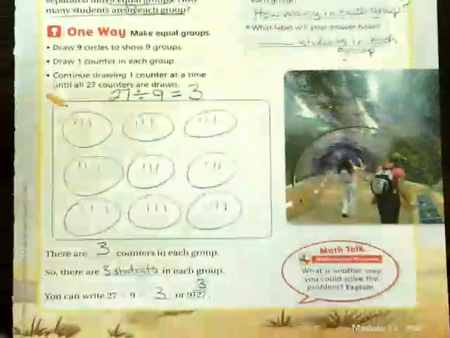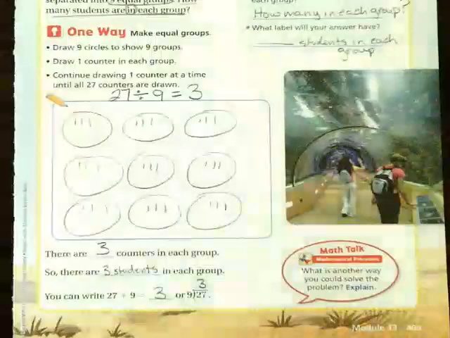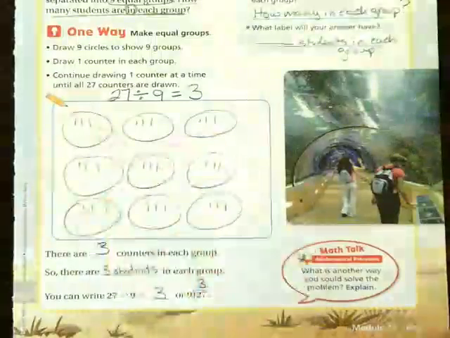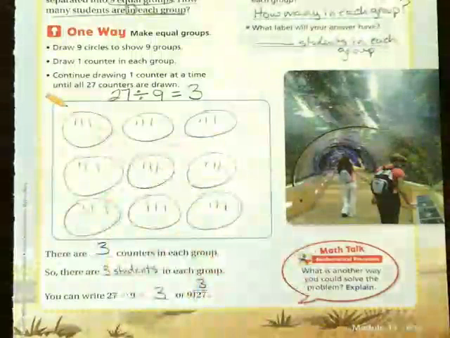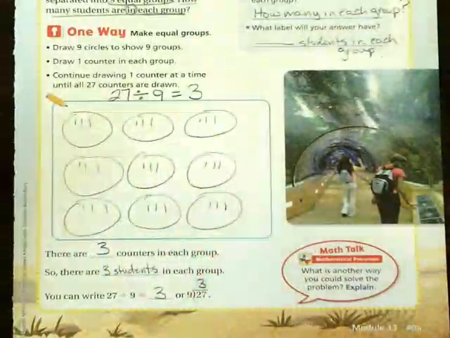Using groups is a good way to do nines because 9 is a larger divisor, then you don't have as many in your circles, like as many tick marks in your circles. If I wanted to do this a different way, I could. Let me show you really quick one of my favorite ways to do my nines. I'm going to use this space I have right here.